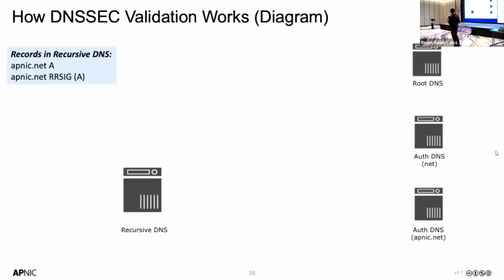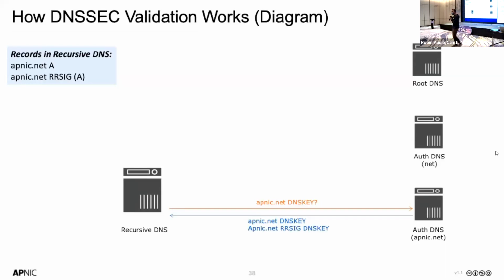That means the recursive DNS talks to the authoritative DNS and gets the information related to the keys. Now, this is just for understanding how the chain of trust is built, or how in the back end the analysis is done, right? Now, you have the A record already, as you can see on the top right corner.